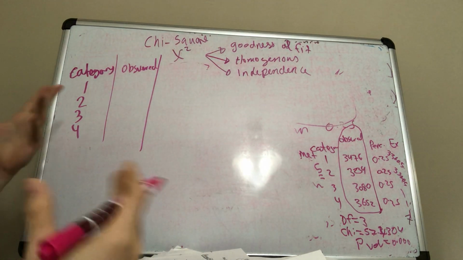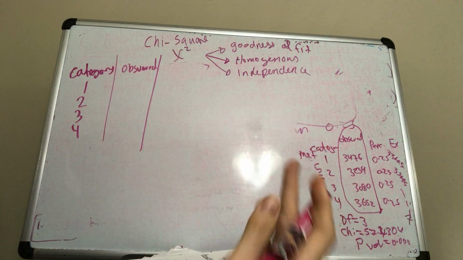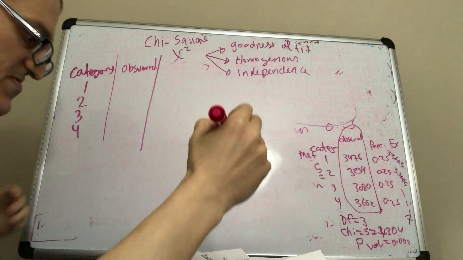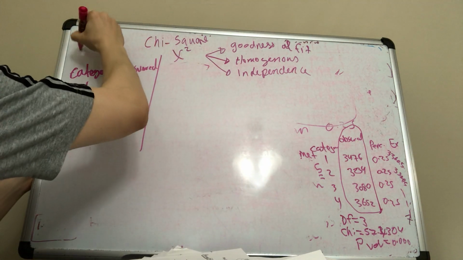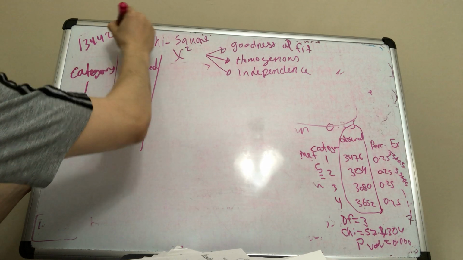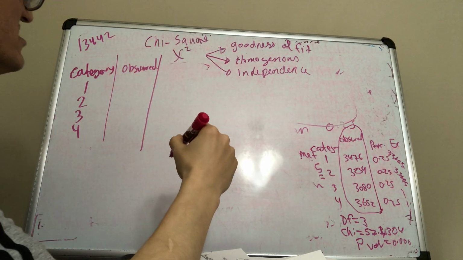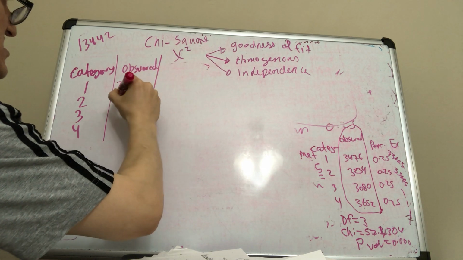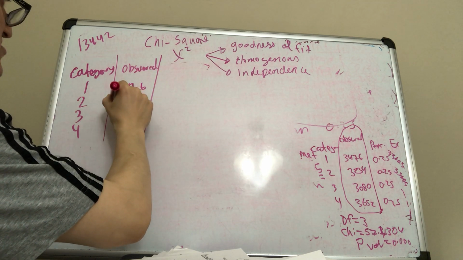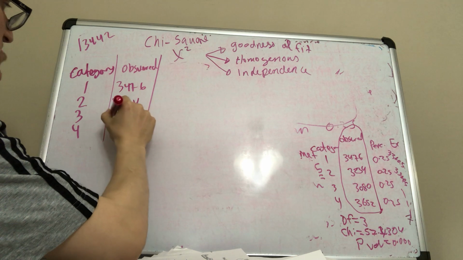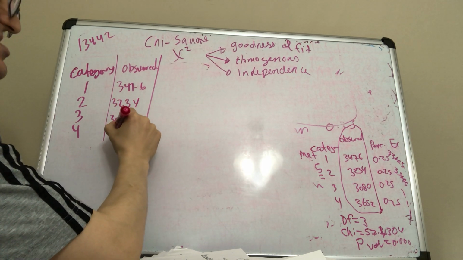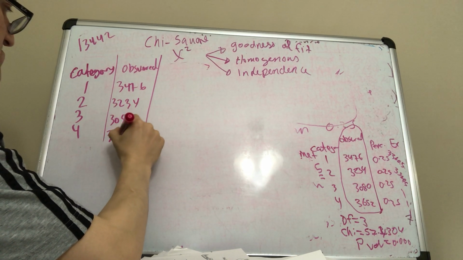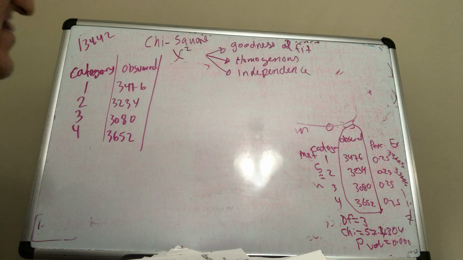They did a study, they asked 13,000 plus people. In fact, the total number of people they asked was 13,442. So they found 3,476 belonging to this group, 3,234 belonging to the second group, and this belonging to the 4th group.